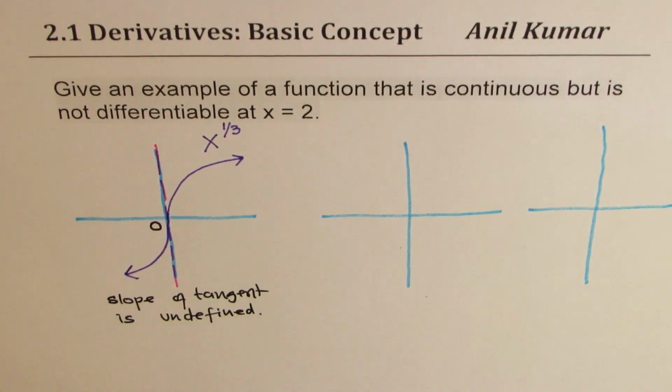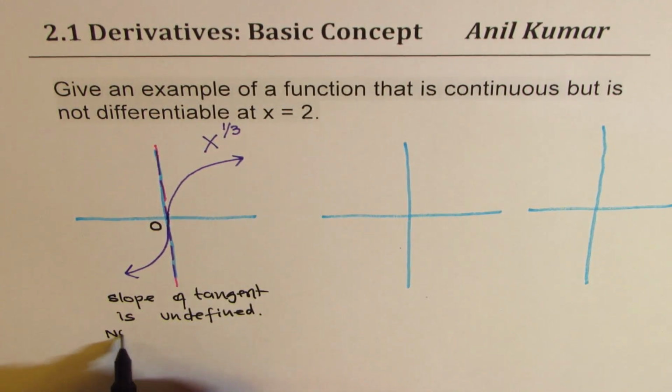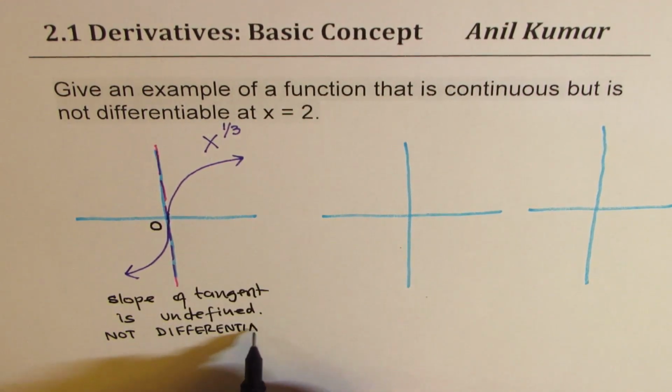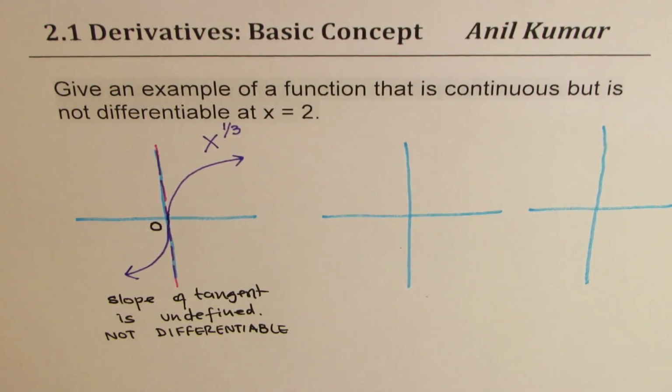So if the slope of the tangent is undefined, we say a function is not differentiable. So that could be one of your examples.